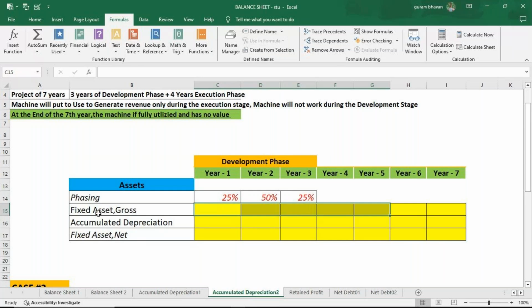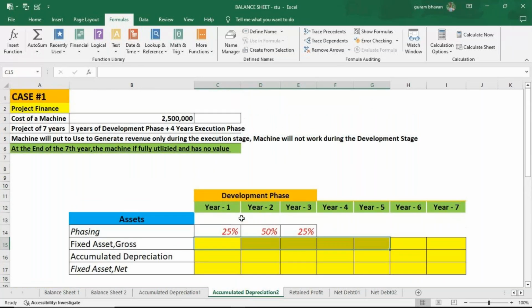The total cost of the machinery equals 25 lakh. So 25 lakh into 25%. Next, the fixed asset worth: equals 25 lakh into 50%.